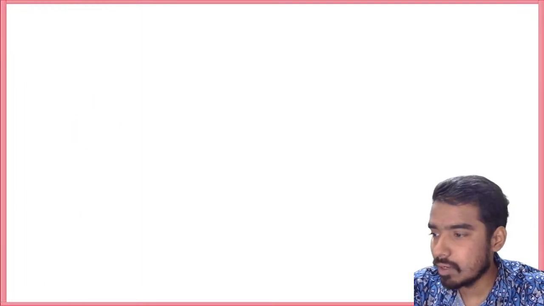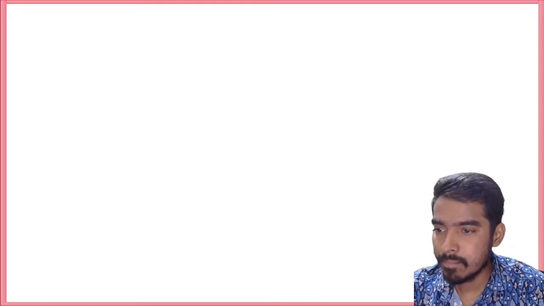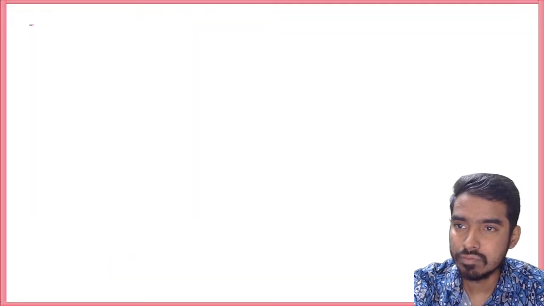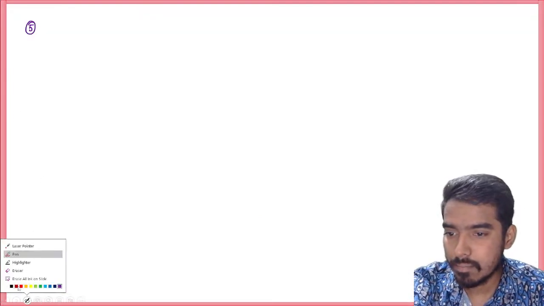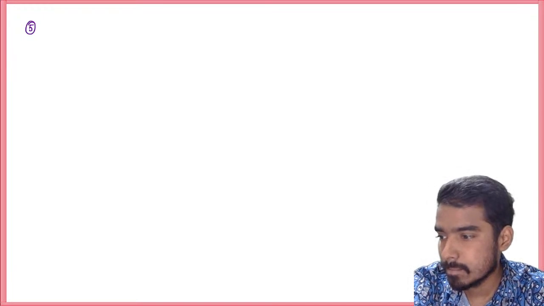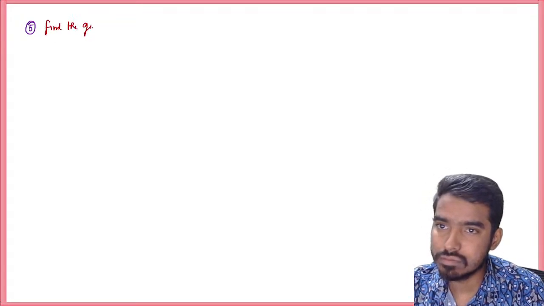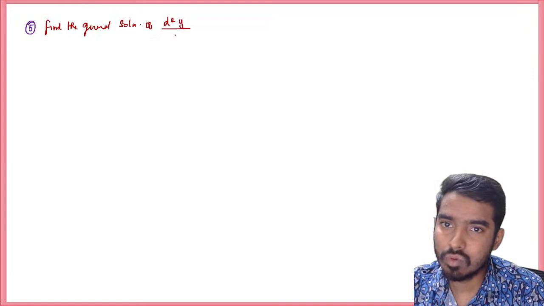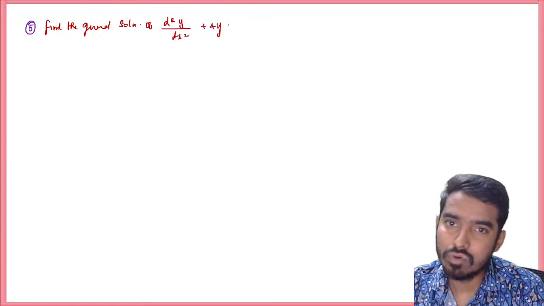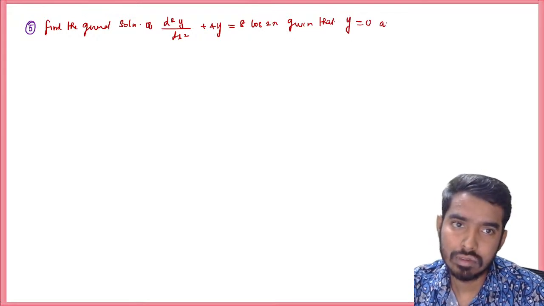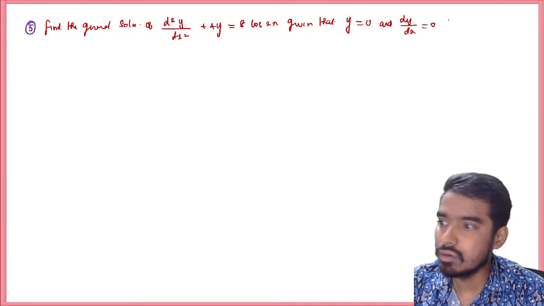Okay, now we'll move on to the fifth problem. Find the general solution of d square y by dx square plus 4y is equal to 8 times cos 2x, given that y is equal to 0 and dy by dx is 0 when x is equal to 0.